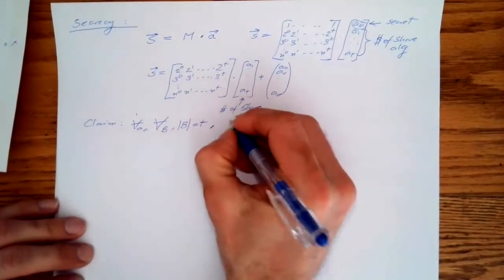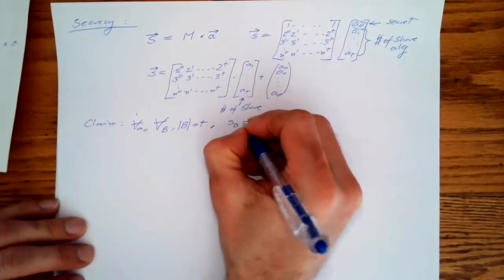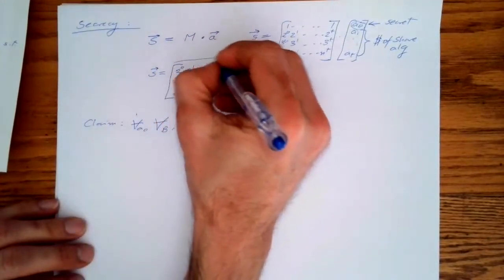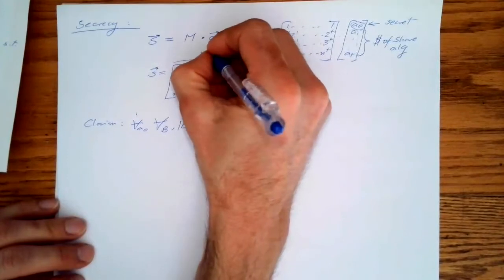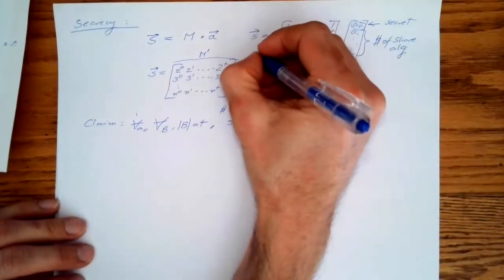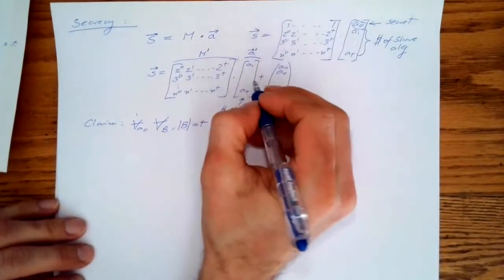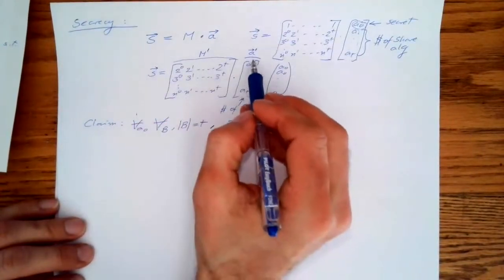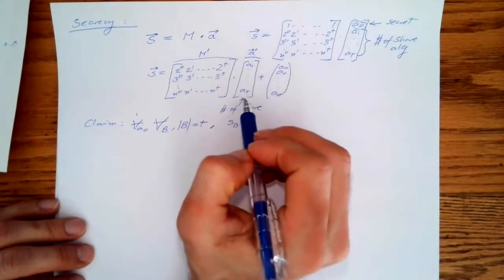And I want to argue that SB, which is, now what is SB? Let's call this matrix M prime, and let's call this vector of coefficients A prime. This is a reduced matrix with the first row kicked out. This is the reduced coefficient vector with the A0 kicked out.